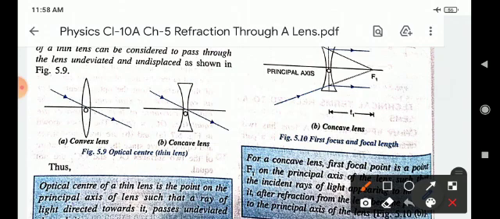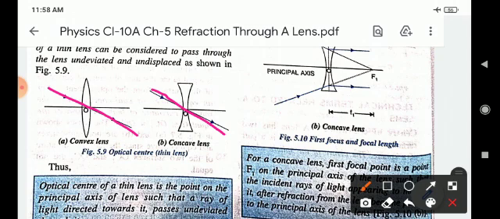Generally, the lens is thin, so the lateral shift is small enough and it can be ignored. Therefore, a ray of light directed towards the optical center of a thin lens can be considered to pass through the lens undeviated and undisplaced, as shown in this diagram.